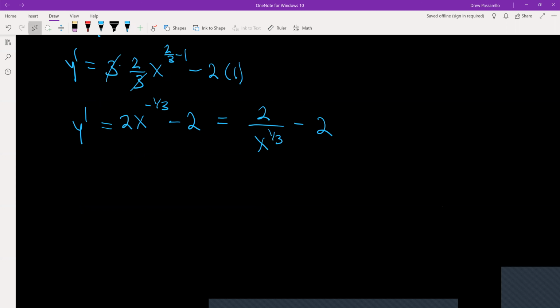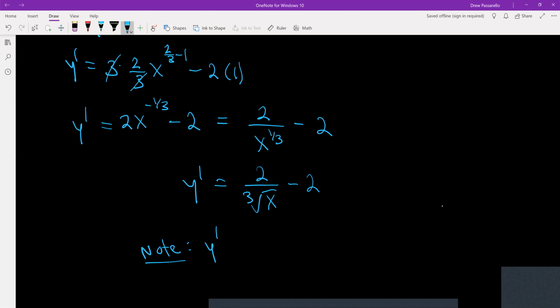Okay, so that's our derivative, and really that's the cube root. You can think of this as 2 over the cube root of x, and then minus 2. All right, so I would say note y prime doesn't exist at x being 0 because you would have to be dividing by 0, which you can't do.